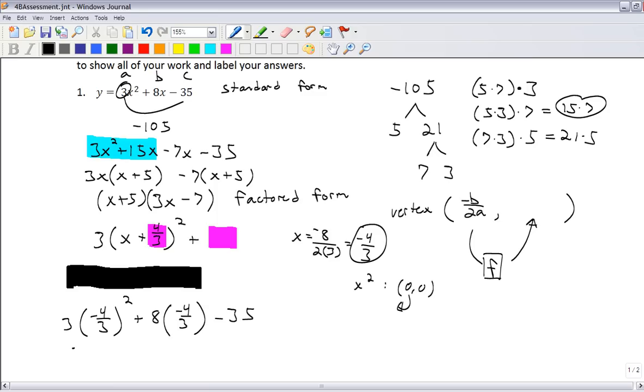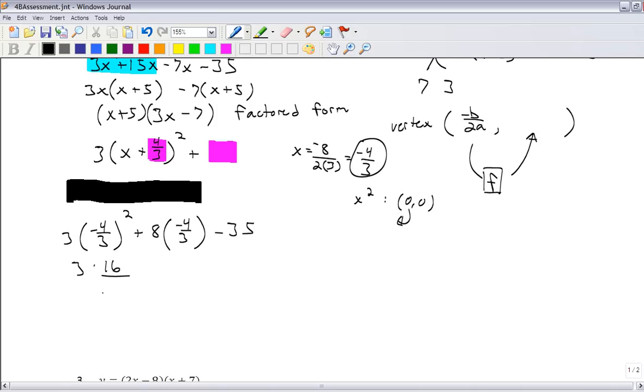So you've got 3 times 16 over 3 times 3, those will cancel, plus negative 32/3 minus 35. So we've got 16/3, negative 32/3, and minus 35, which is minus 105/3.